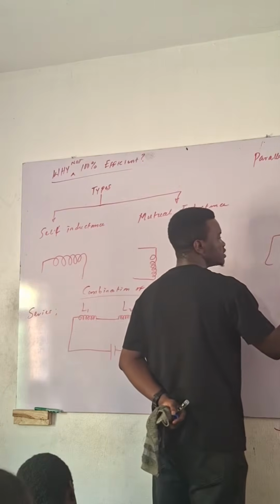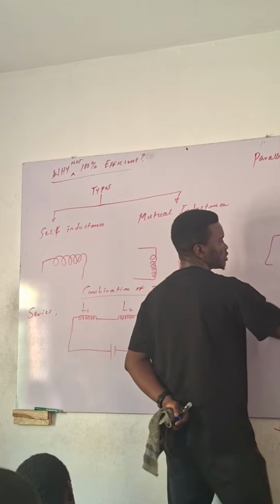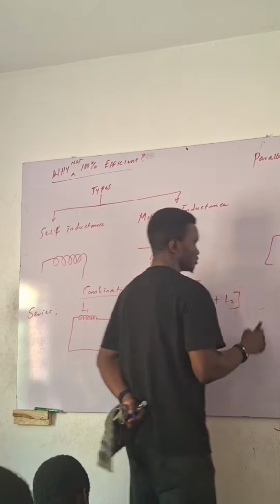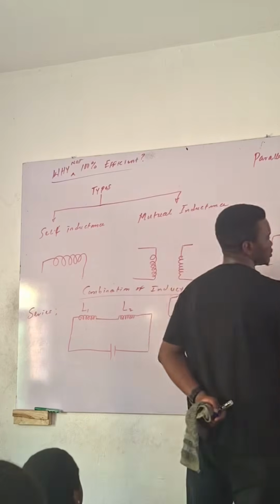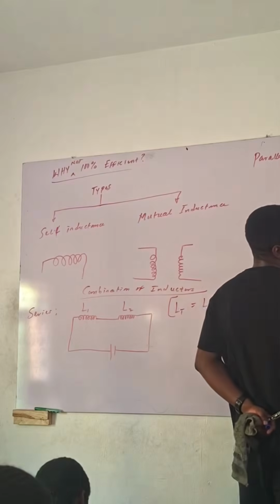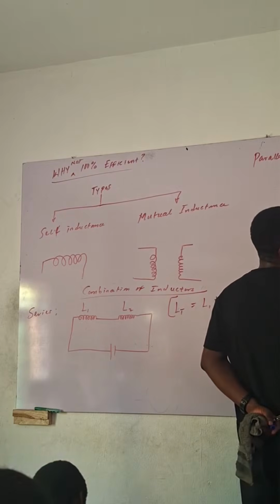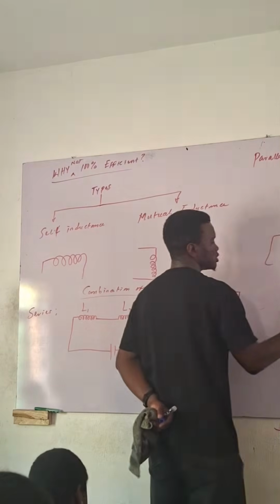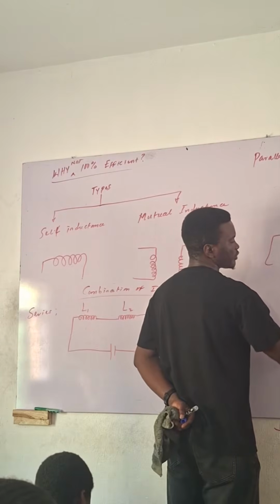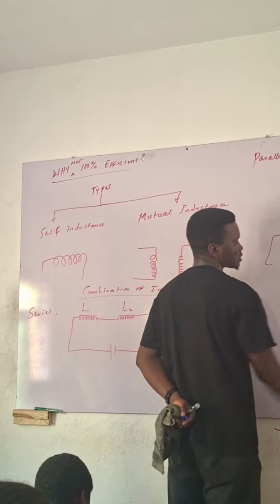Then finally, energy stored in an inductor. Then I'll give you short notes on it. The energy stored in an inductor, or the work done, is given as half L i squared.